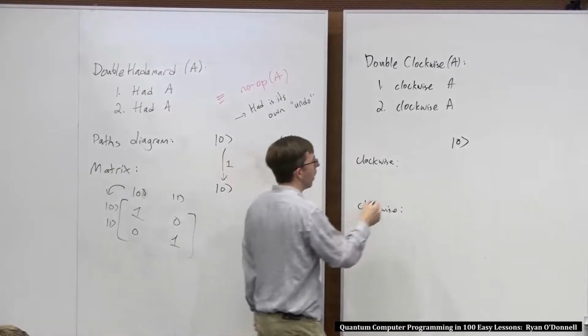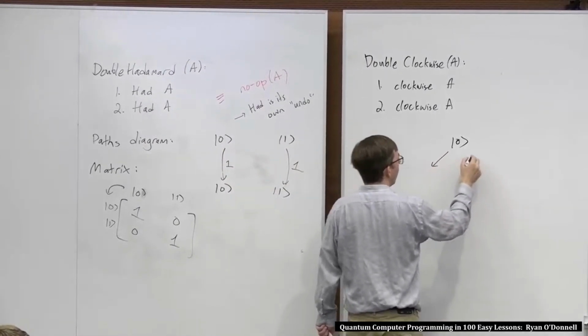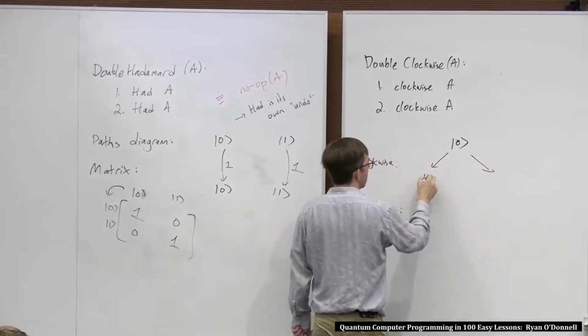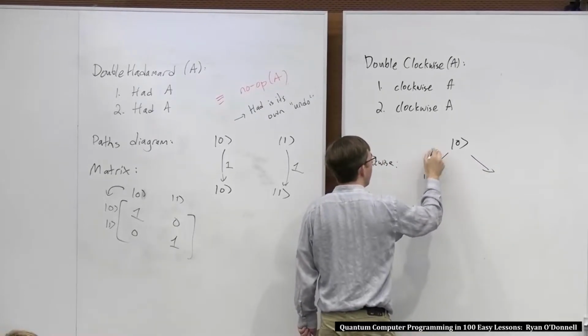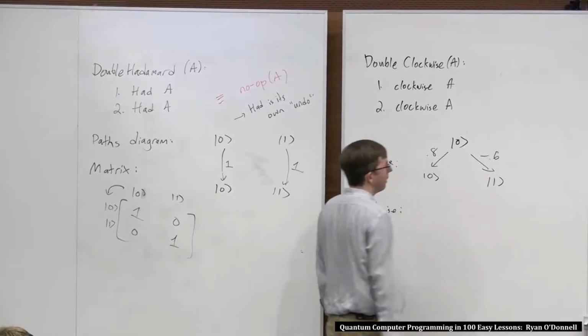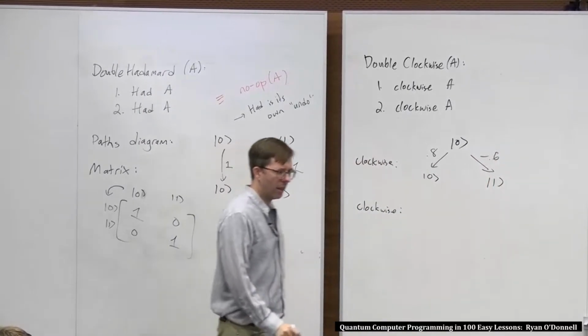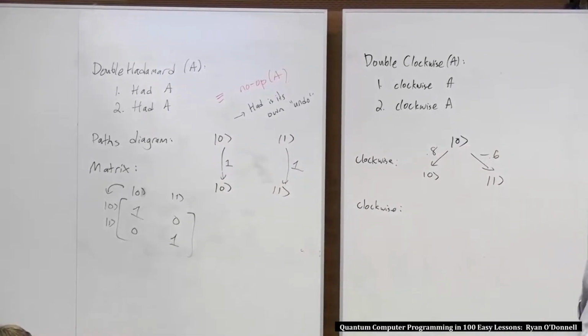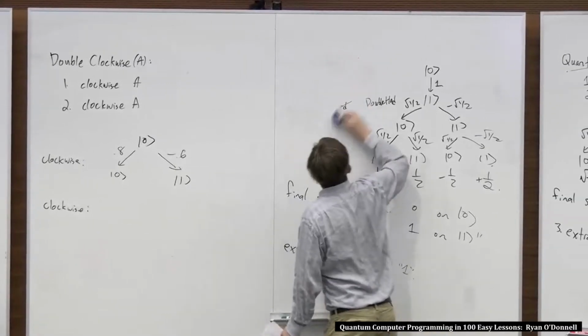Now you have to remember what clockwise does. I'll tell you. 0 goes to 0 with amplitude 0.8, and it goes to 1 with amplitude minus 0.6. I told you that last time. And I'm going to do it on 1 over here at the same time.